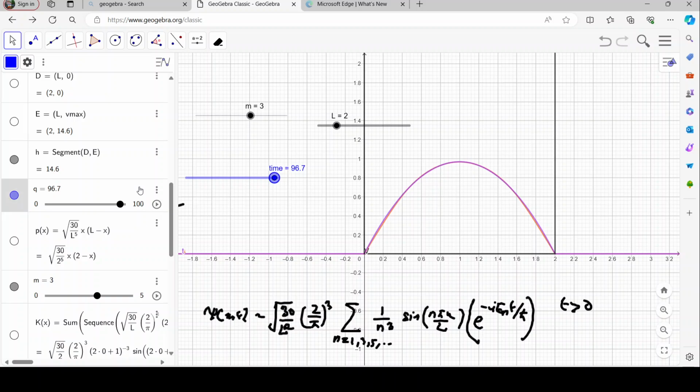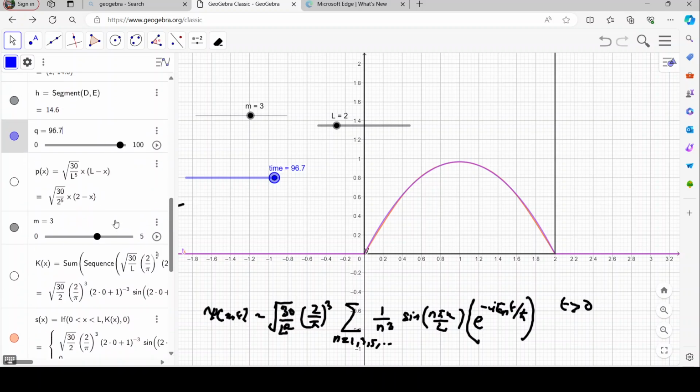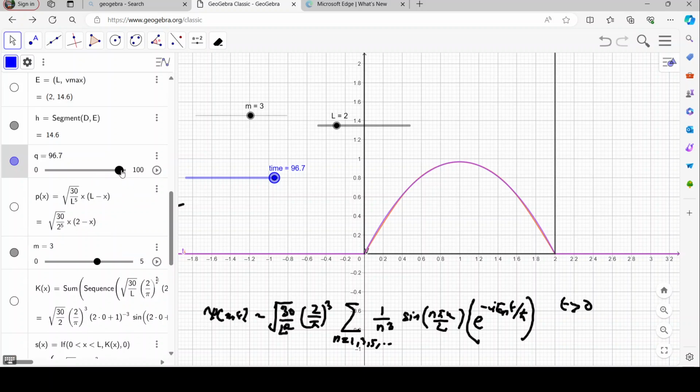It is moving very fast, so we can decrease the speed as well. Now if you decrease the speed, then you can see what happens. This will be the variation of the wave function. I am taking only up to 3 terms. If you add more terms, you'll get a more accurate result.